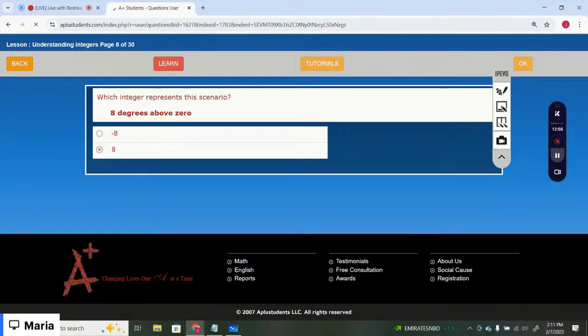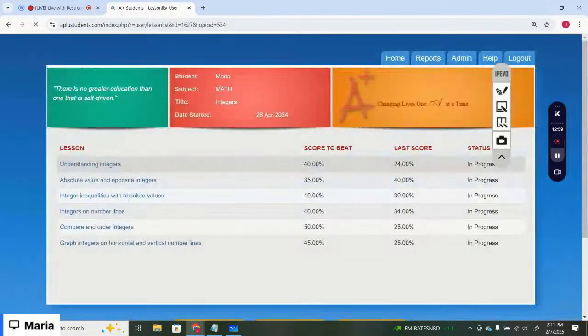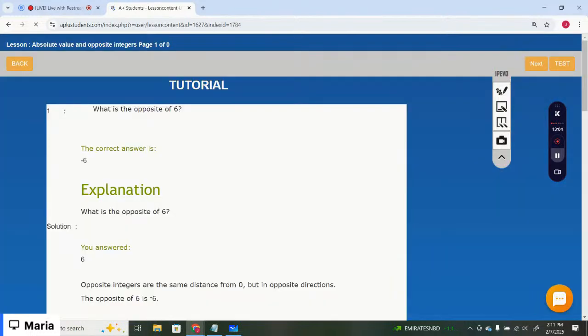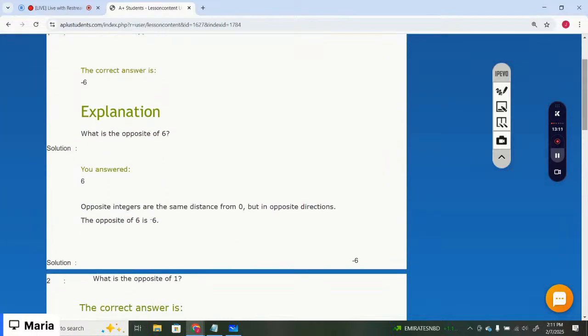Let's move on to the next lesson, absolute value and opposite integers. What is the opposite of 6? Opposite integers are the same distance from 0 but in the opposite direction. So the opposite of 6 is negative 6.